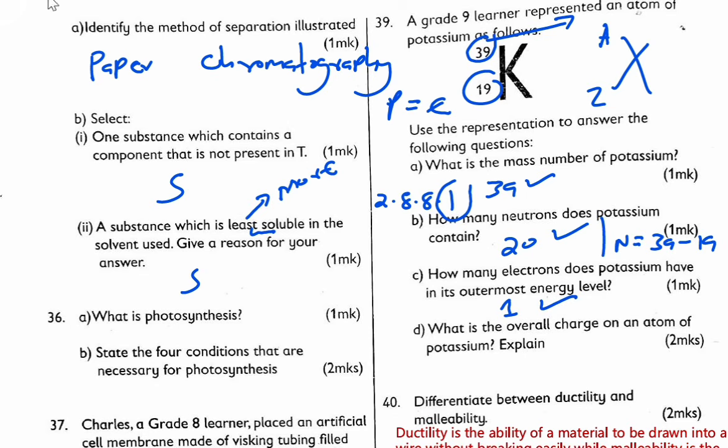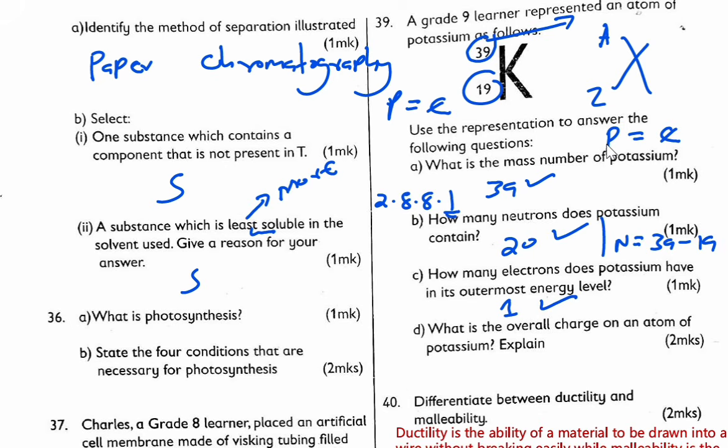So for potassium to be stable, it is going to lose this 1 electron, this outermost electron. And you know that we have said in any stable atom, the number of protons is equal to the number of electrons.